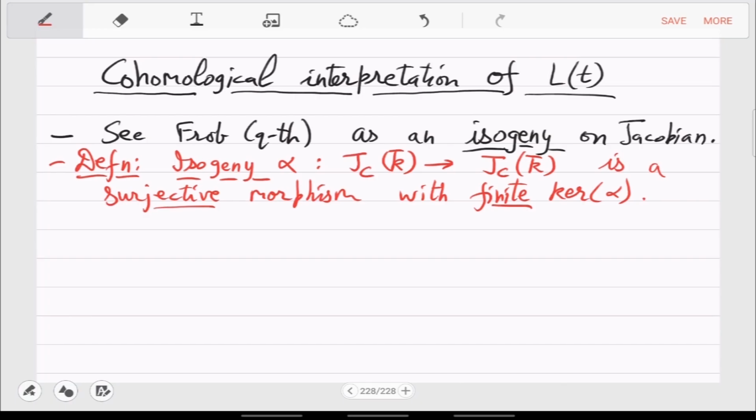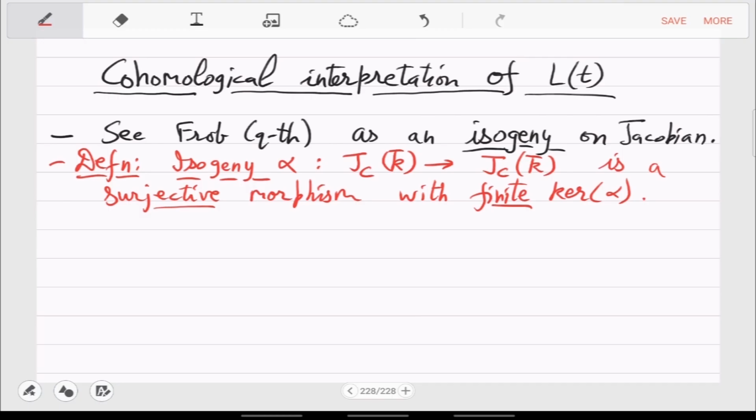For the Frobenius, actually the kernel is 0. It's only the 0 point which can go to 0. But this doesn't work for other interesting morphisms. So which is why we need to add this finite kernel into it. Otherwise, you will be restricted to only Frobenius, and then you can't build a theory.